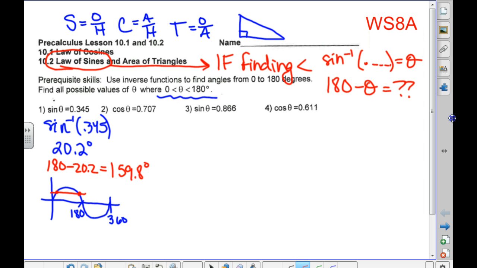All right, cosine, let's talk about cosine on the other hand. The cosine graph looks like this. So from here to 2 pi or 360, okay, here's the middle at 180 degrees. How many times can it hit a positive 0.7 between 0 and 180?